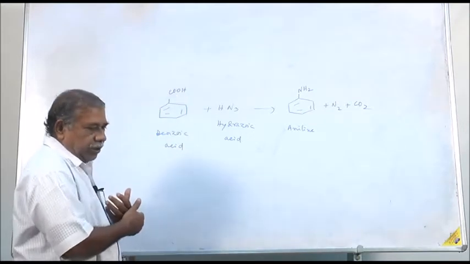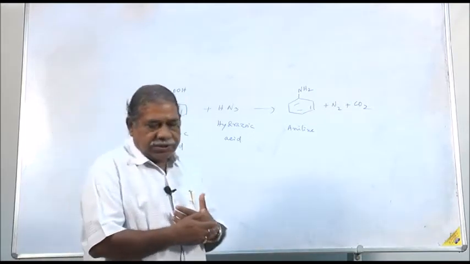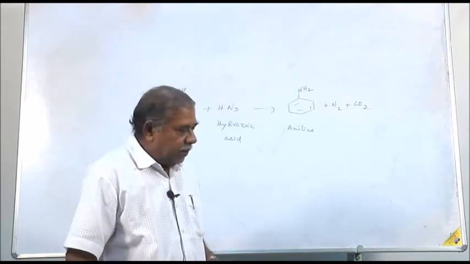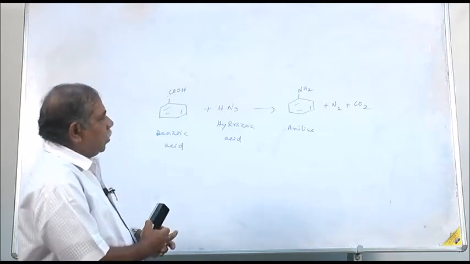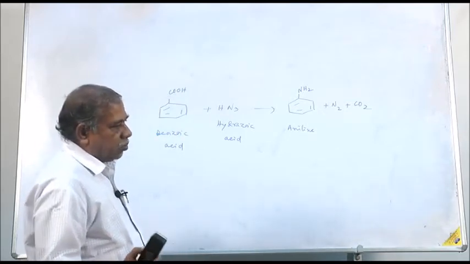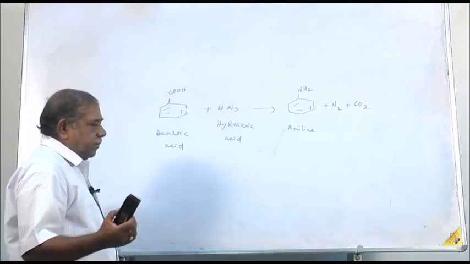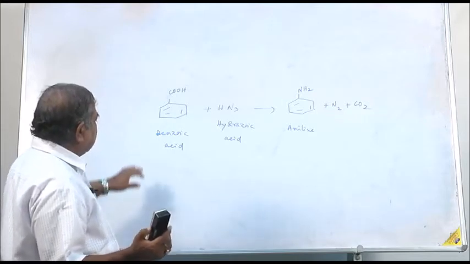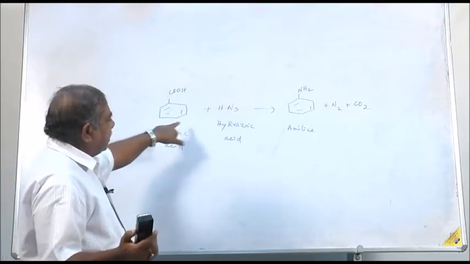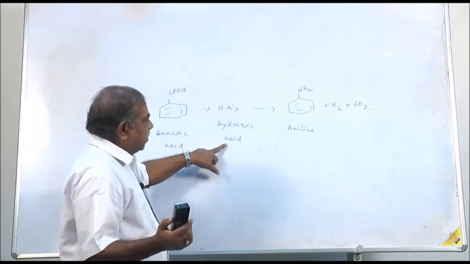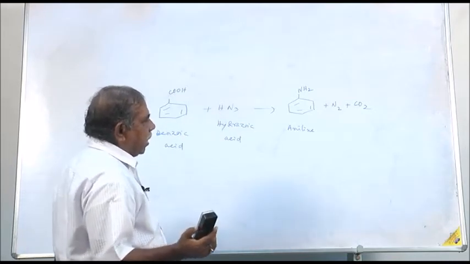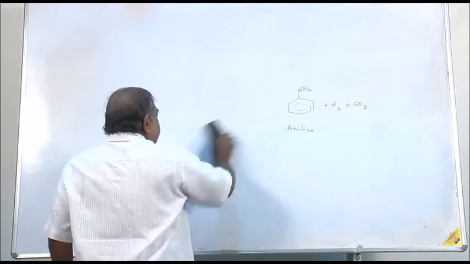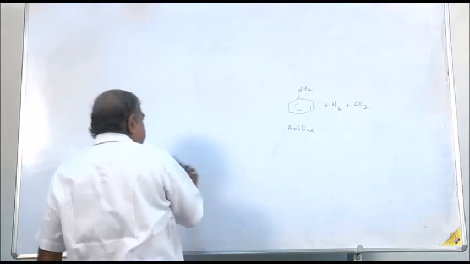We started with the reduction process, taking nitrobenzene, the second method from chlorobenzene, third from phenol, fourth one from benzamide, that is Hofmann's degradation process, and the last method is Schmidt's reaction, where benzoic acid dissolved in concentrated sulfuric acid is treated with hydrazoic acid dissolved in chloroform, then you will get aniline along with nitrogen, carbon dioxide and water. So these are a few methods of preparation of aniline.